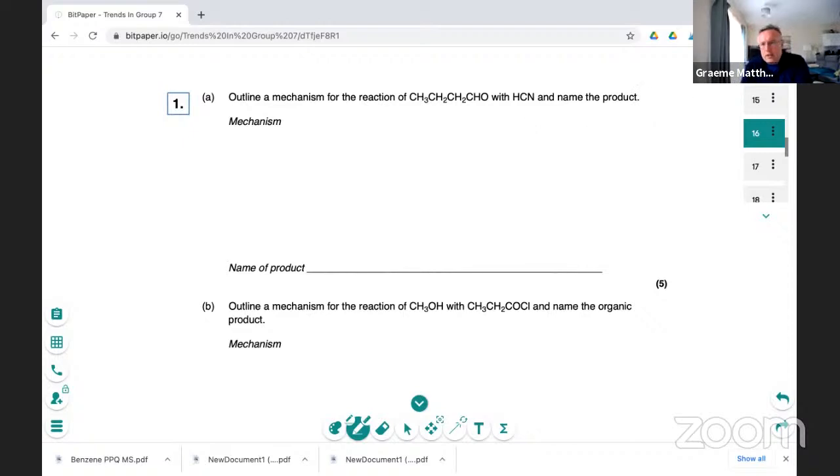So this one says: outline the mechanism of the reaction of 1, 2, 3, 4, that would be propanal, with HCN and name the product. So here we are, 3 carbons. CH3, CH2, CH2.